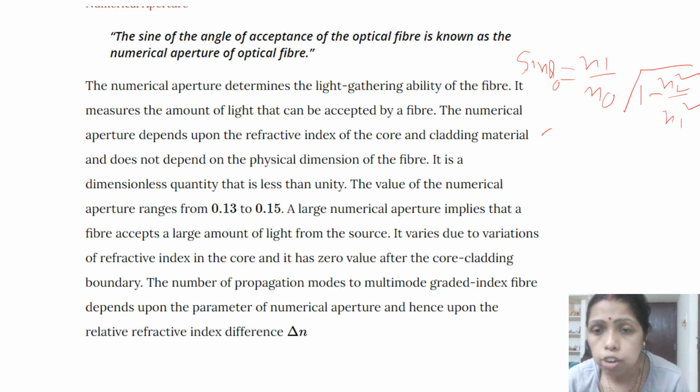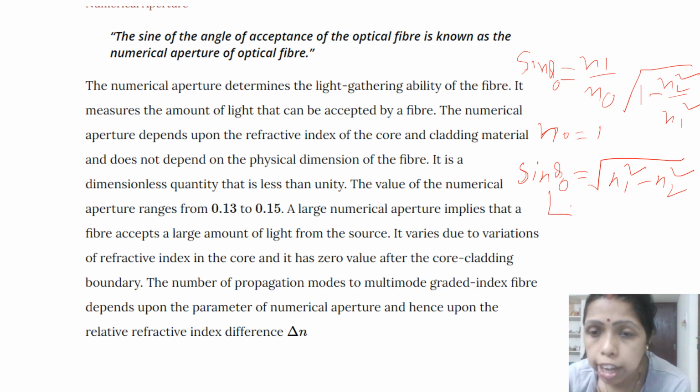If eta naught is 1, since eta naught is 1 for air, then sine theta naught will be, if you do some manipulation, root under eta 1 square minus eta 2 square. Here I am putting eta naught equal to 1. So that value is the numerical aperture.